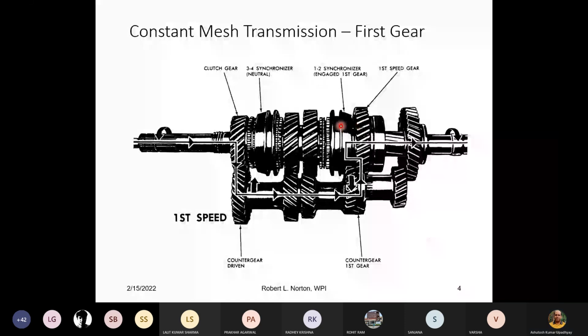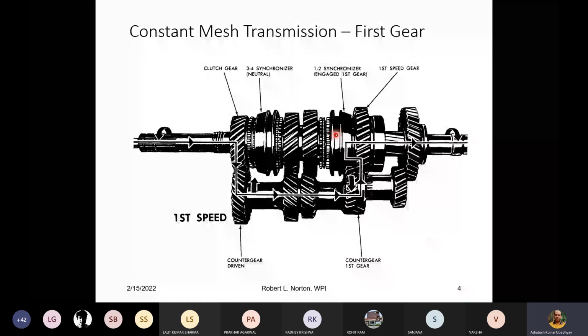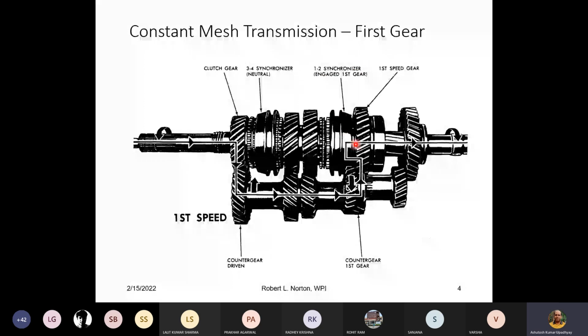So this synchronizer along with dog clutch will be pushed inside the gear, where you have got a friction lining kind of thing, and there will be the teeth, one sided teeth. So this synchronizer will be connecting to that one, and that teeth is always connected to the gear.